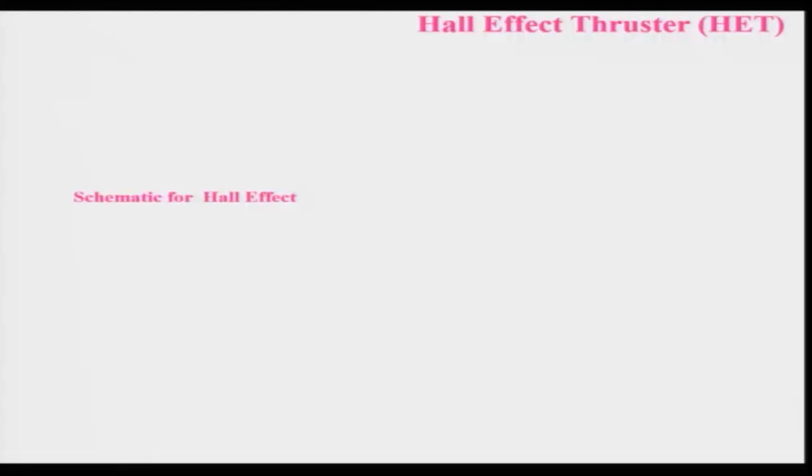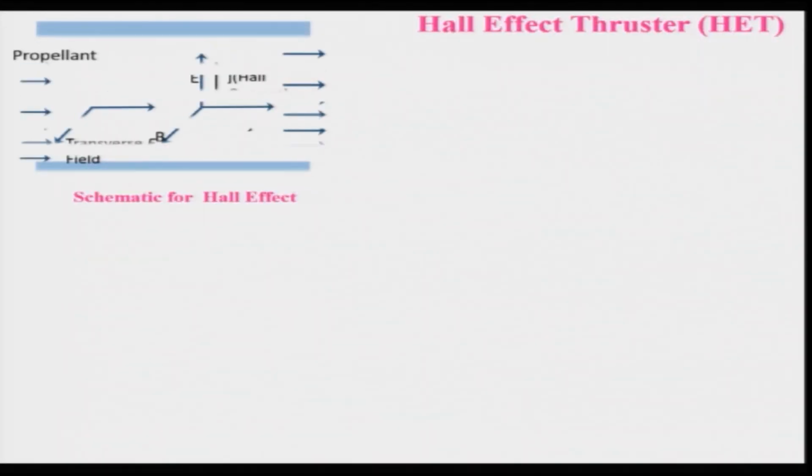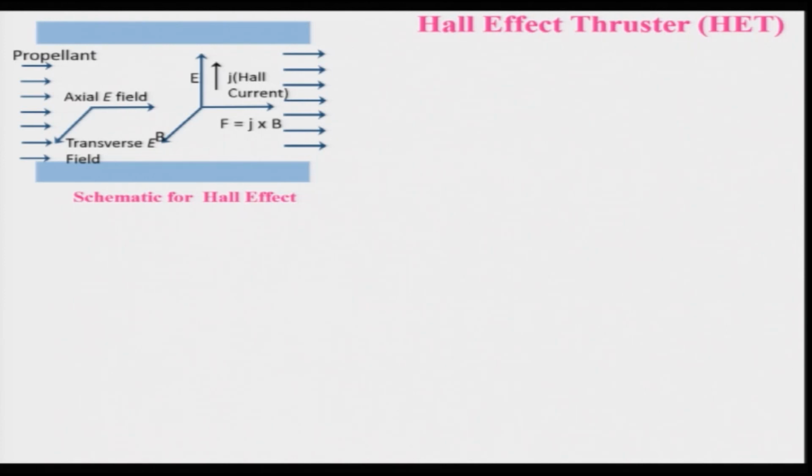Now, let us look at another rocket engine, that is known as the Hall effect thruster. In the case of the Hall effect thruster, let us understand what that is. For that we will have to look at the fields we are considering. This is the propellant which will be passing through, having an axial electric field and a transverse electric field, right.